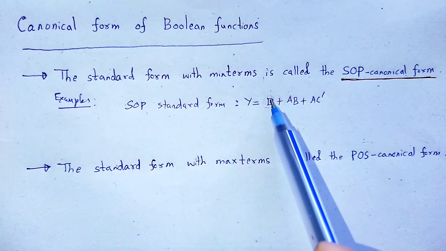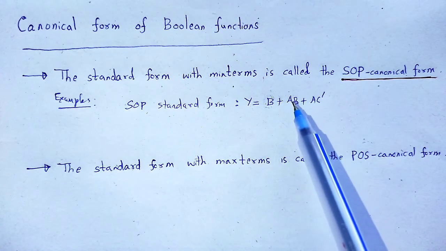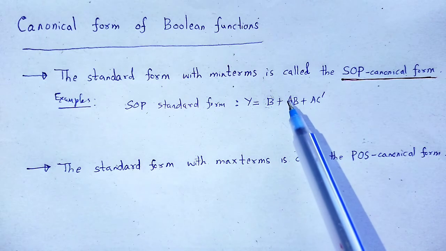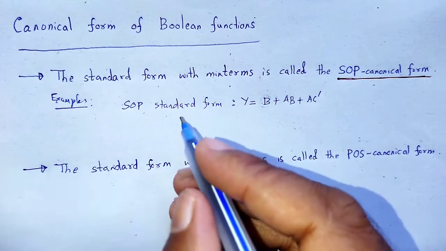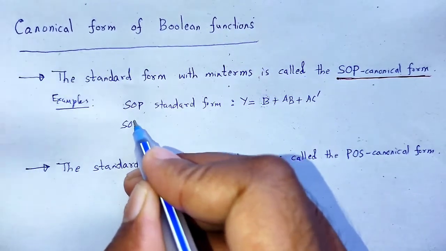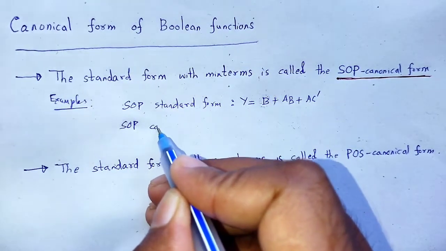If each term contains all the variables, either in complement form or not, then we say it is the SOP canonical form.